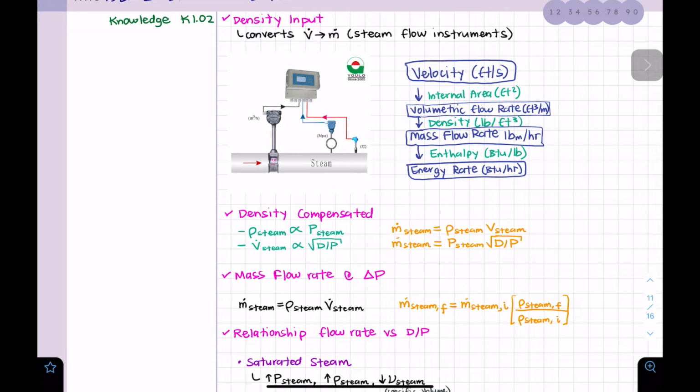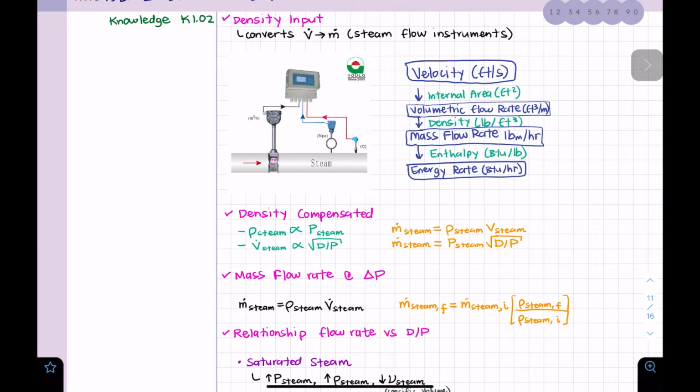Therefore, density compensated mass flow metering is a better method for compressible fluids. In density compensated mass flow measurement, temperature and pressure measurements are used to calculate the fluid density. This fluid density is then combined with the volumetric flow rate to calculate mass flow rate.